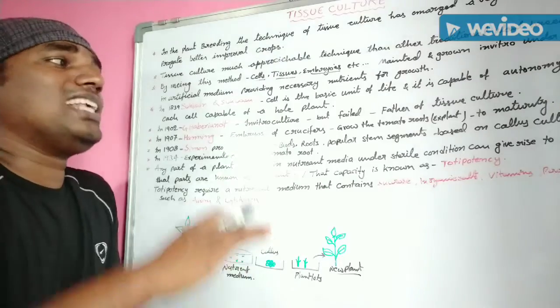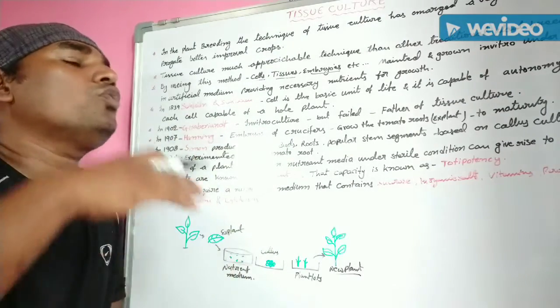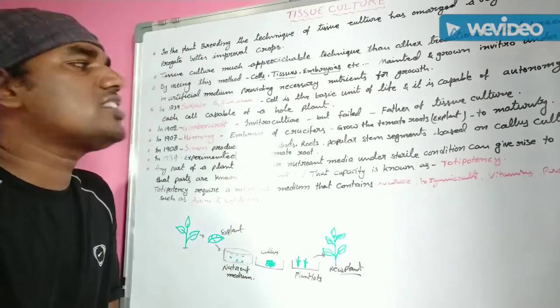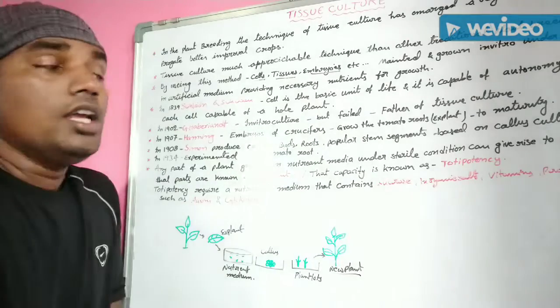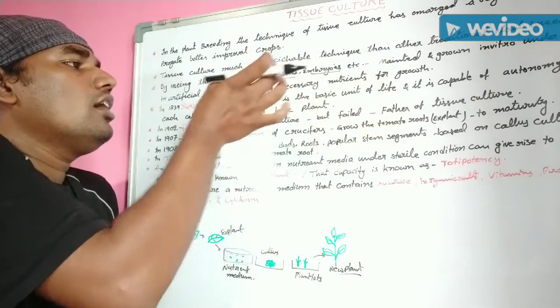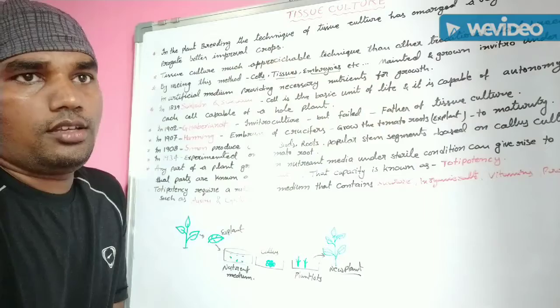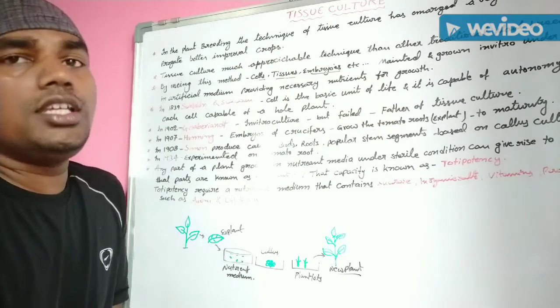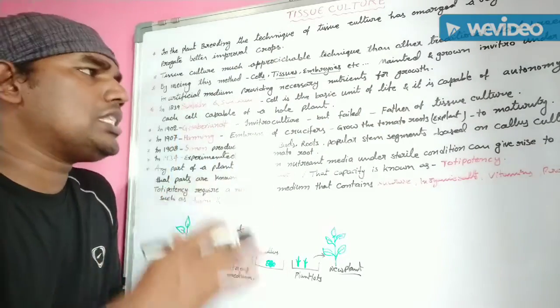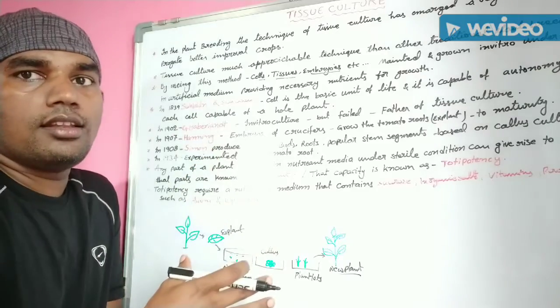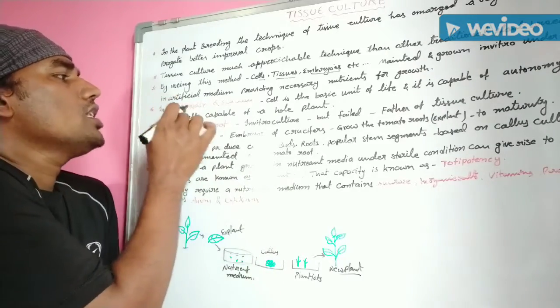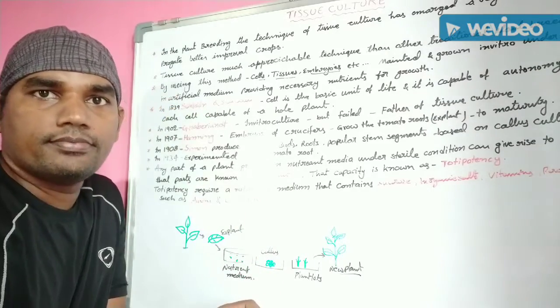So the cell is self-replicable and forms new cells by division. This phenomenon is known as autonomy, the capability noted by Schleiden and Schwann.